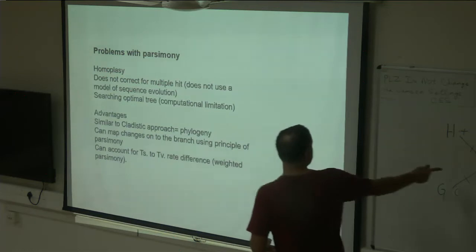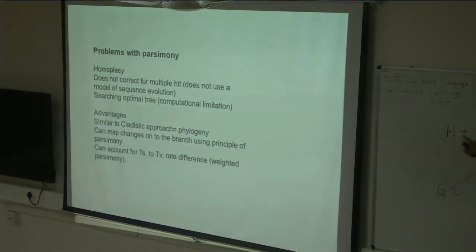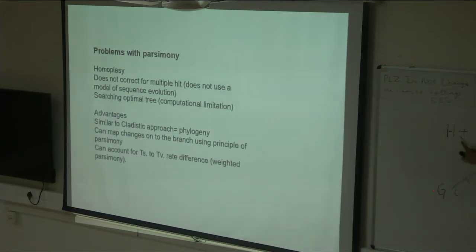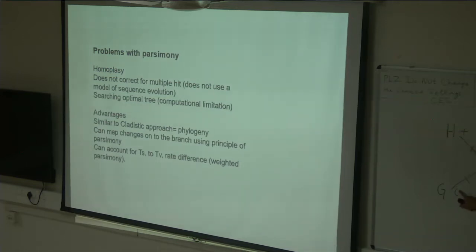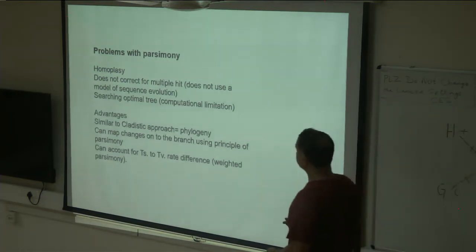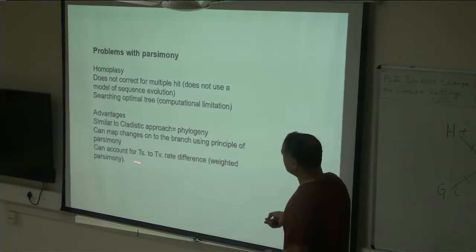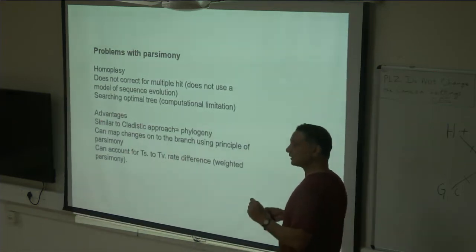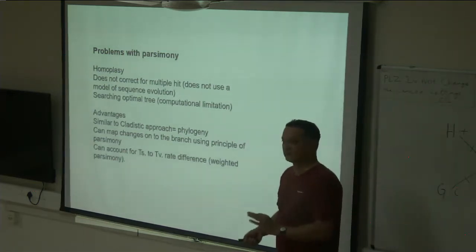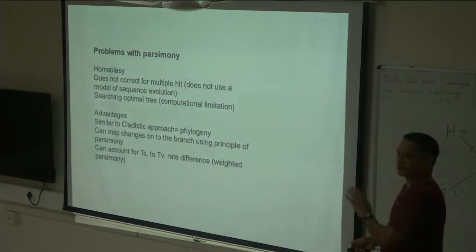And such changes can result in homoplasy, where two taxa have the same base, but actually the way they got to that is very different. One can actually use a different transition to transversion ratio to correct for it to a certain extent in parsimony, but by and large, the big problem with parsimony is it does not use a model of sequence evolution.